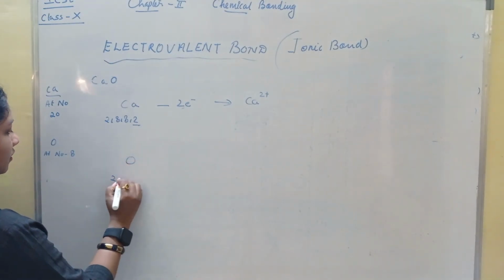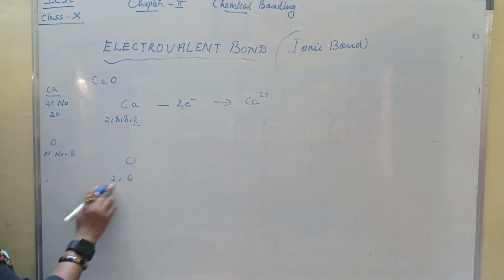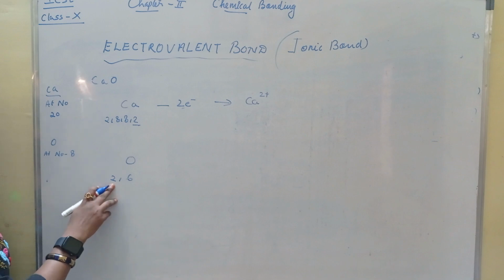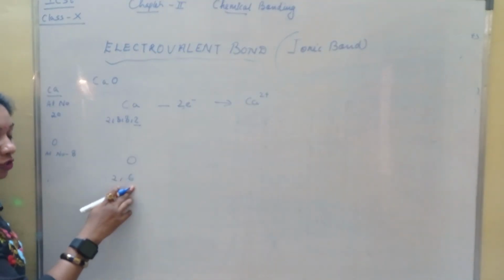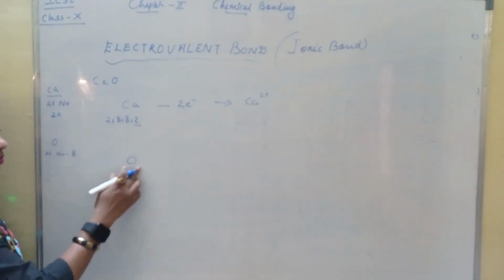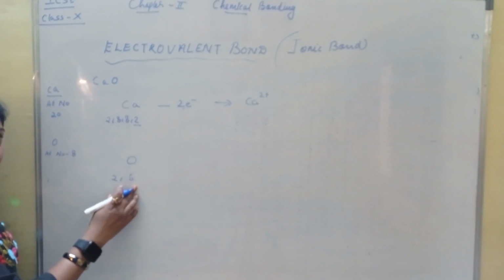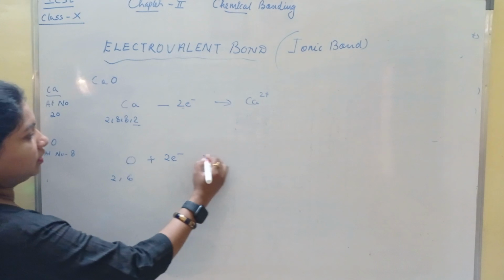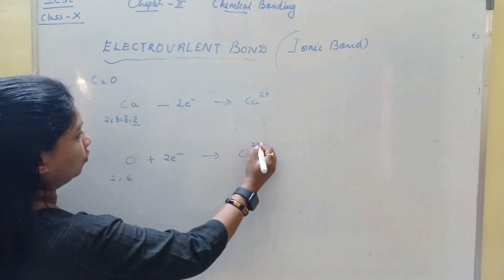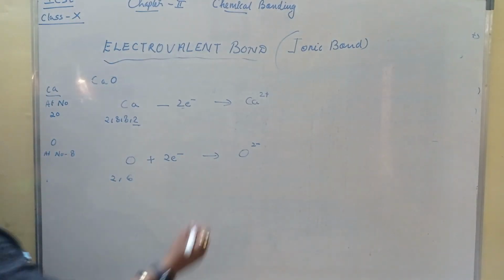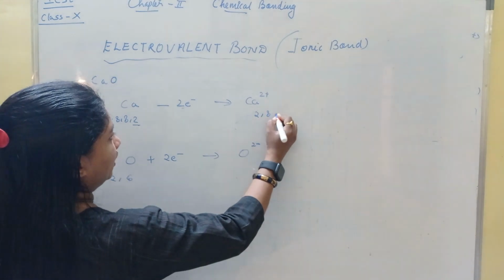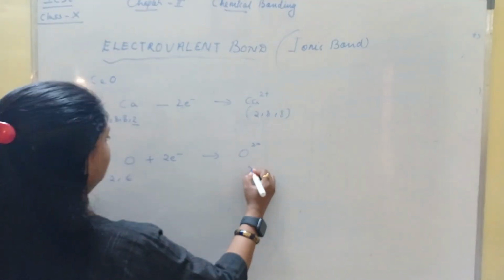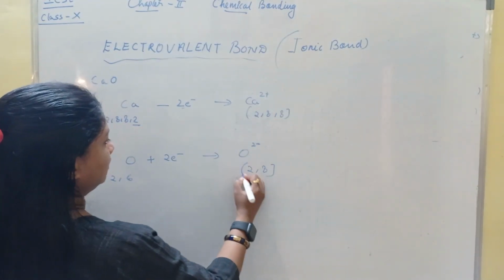Oxygen is 2 6. Total of 8 electron. Configuration is 2 and 6. That means it is short of 2 electron to attain the octet configuration. This will accept these 2 electron and form O2 minus, and its configuration will become 2 8, and this will become 2 8 8.